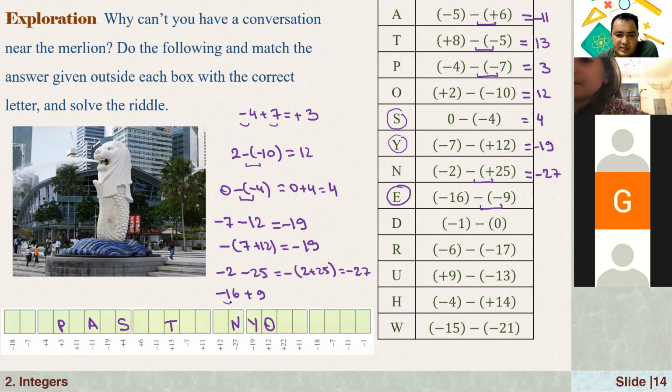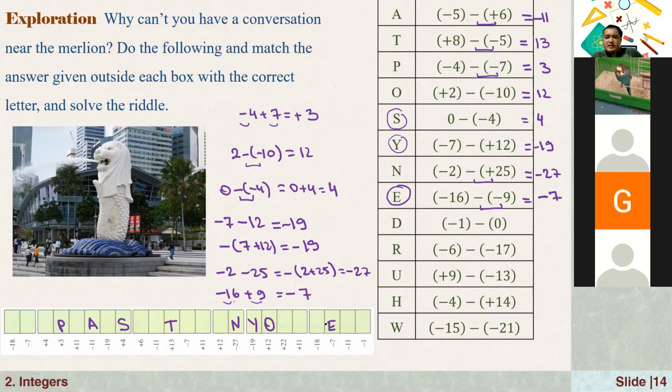So minus 16 is a negative number, plus 9 is a positive number, so we have to subtract. Which number is greater? The absolute value of 16 is greater. So that's why I should put minus, 16 minus 9, that is minus 7. Nazlı, do you agree with me? Yes. Minus 7 is E.